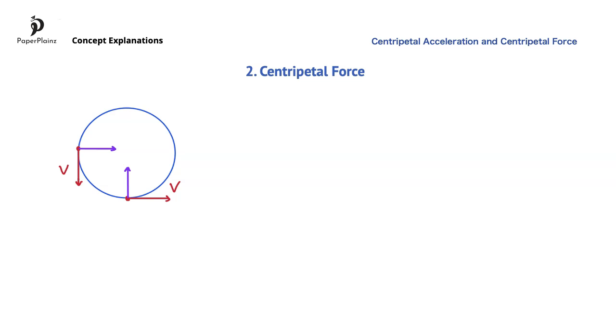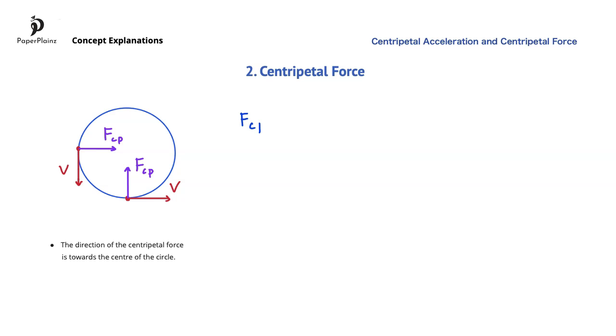Logically, the centripetal force is pointing in the same direction as the centripetal acceleration, so also towards the center of the circle. We usually label the centripetal force as FCP. As we said, the direction of this force is towards the center of the circle. To find the magnitude of the centripetal force, recall from topic 2 that force is equal to mass times acceleration.